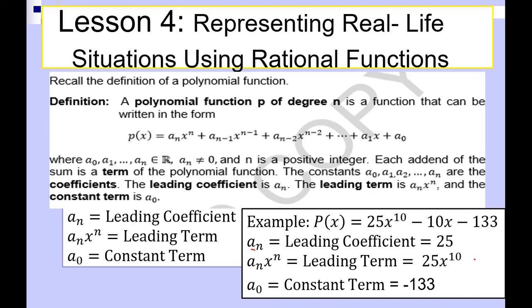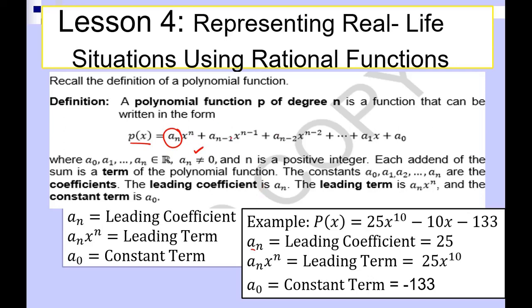Ayan. So ang polynomial function, we will have the P of x is equal to a sub n times x raised to n plus a sub n minus 1 and so on and so forth up to a sub 1 x plus a sub 0. And then dapat ang ating a sub n is not equal to 0. So dapat dili na siya mag-0.